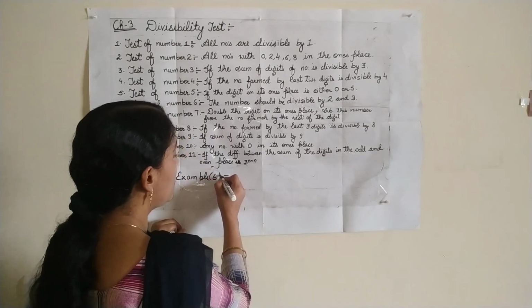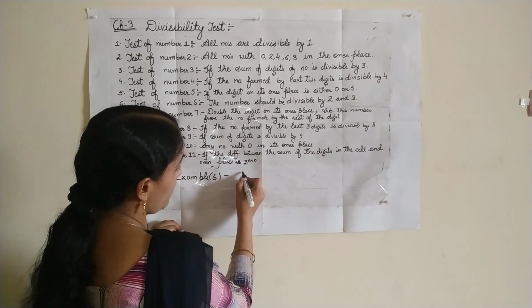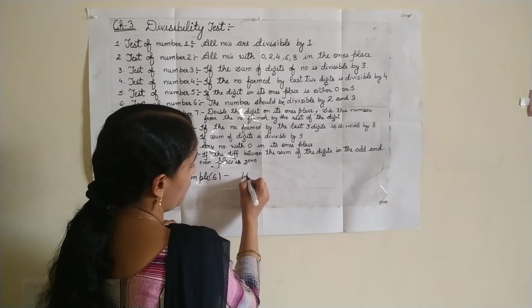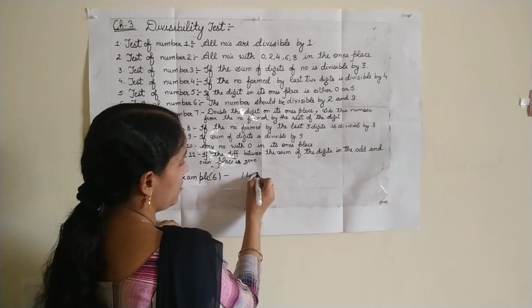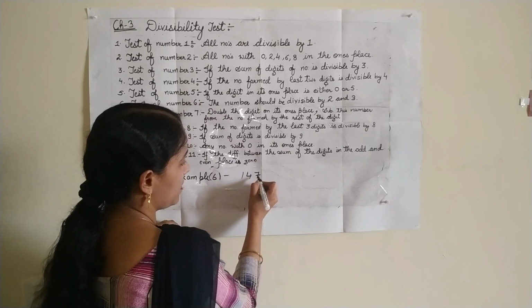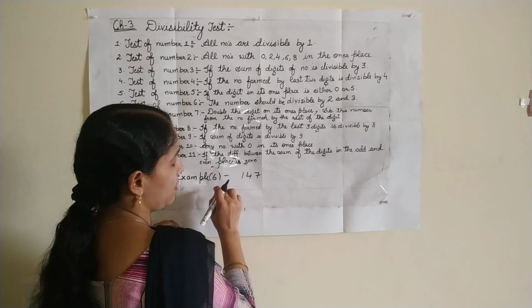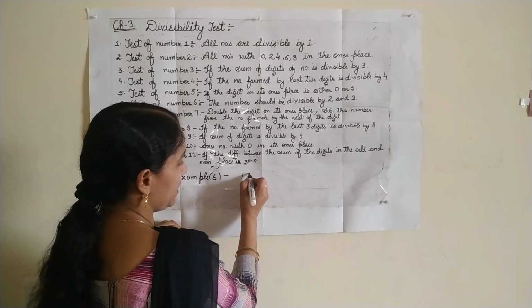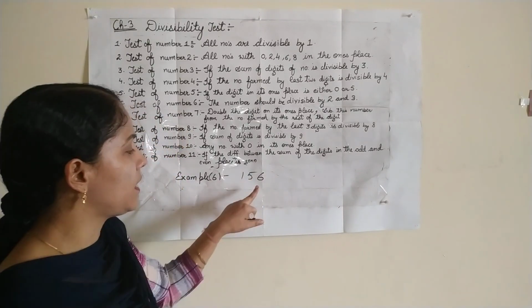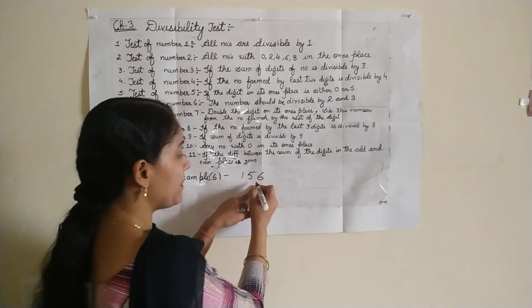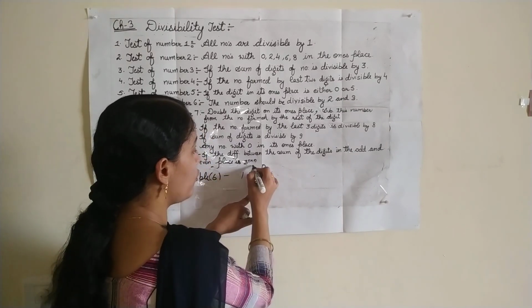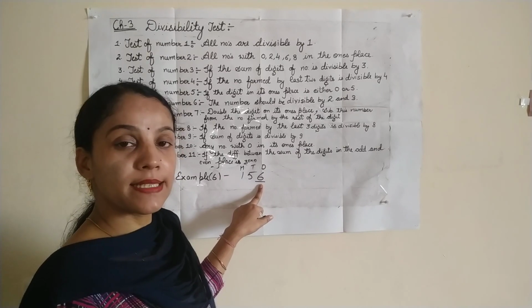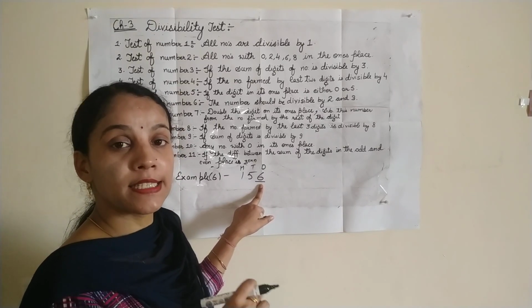I am taking the example 156 here. 6 is an even number, so check the divisibility rule for number 2: the ones place digit is even.